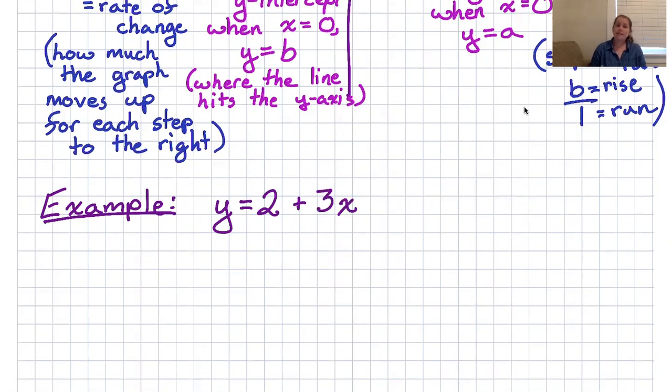This is in the statistics format, right? The number paired with the x comes second. The number without the x is our y-intercept. The number with the x is our slope.